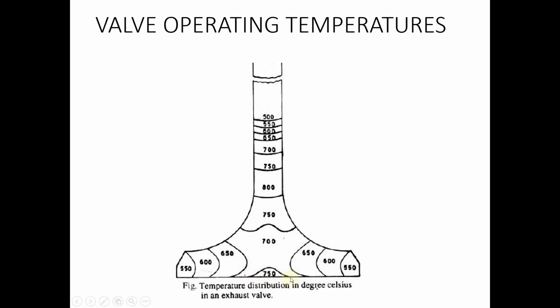The tip of the valve head is at a comparatively lower temperature. As we proceed towards the center, you can see the temperature increases, again increases, and then decreases. So you can see multiple temperature gradients, or changes in temperature, along the cross section of the valve.